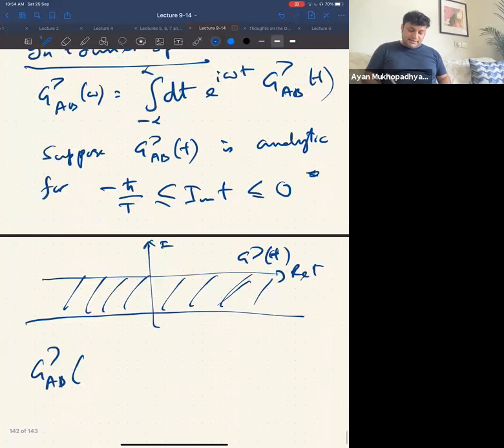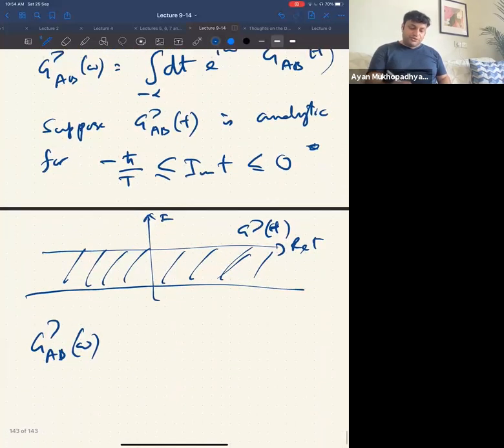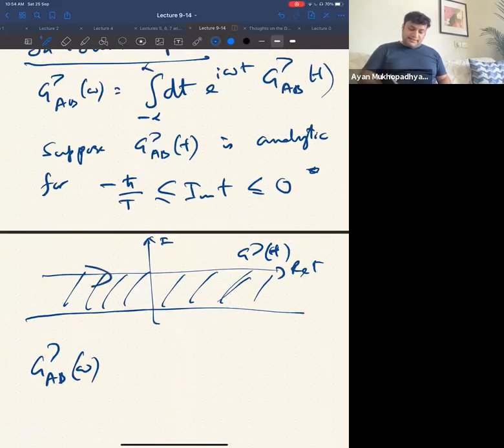If I assume this is true, then I can simply shift my contour, because this is my contour of integration when I do this Fourier transform. Then I can simply go like this down, and finish my contour like this if you wish. Or the other way to do it is as follows.